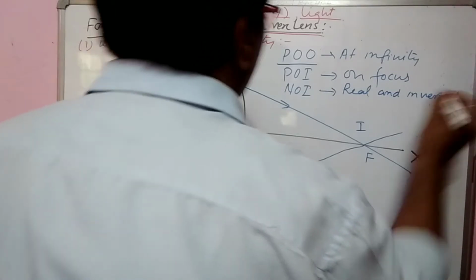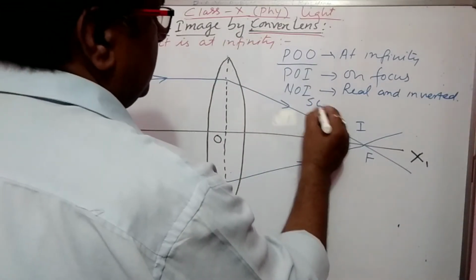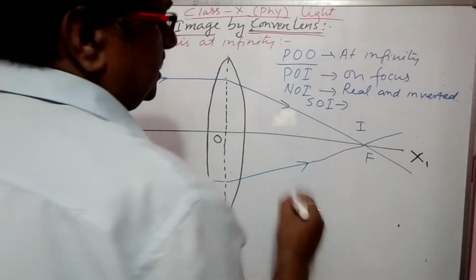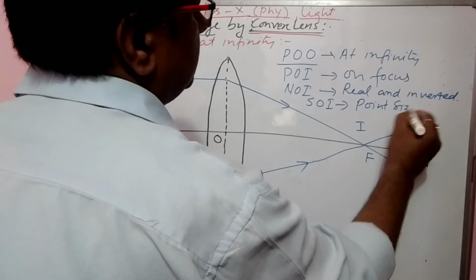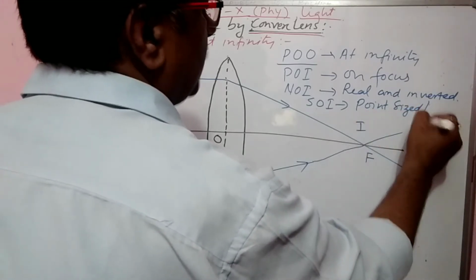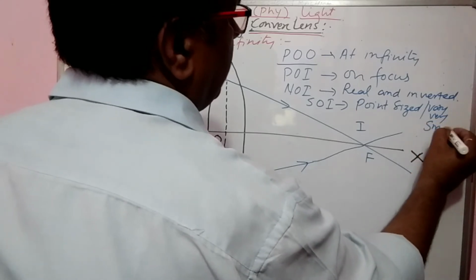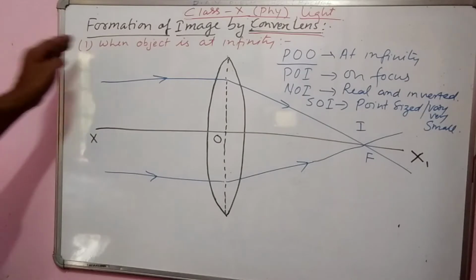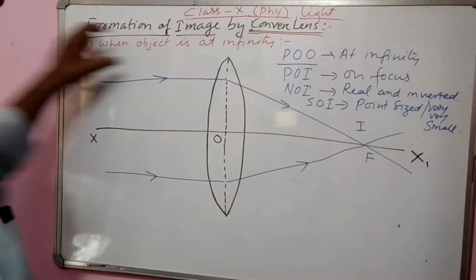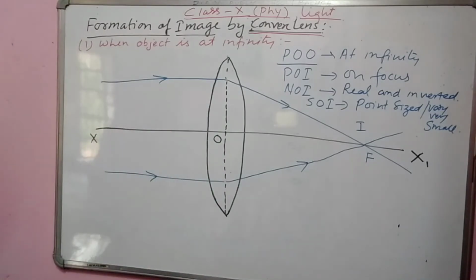So what is the size of the image? We can write here SOI, meaning size of image. This is point sized, or you can say very small. Very small.